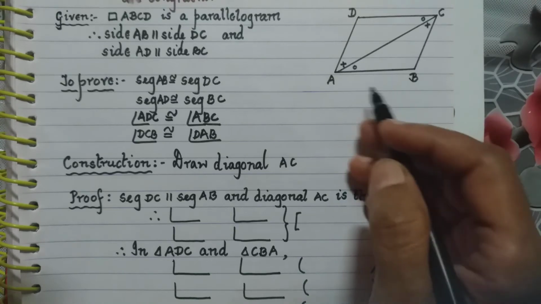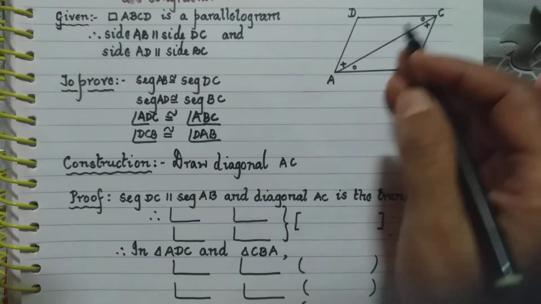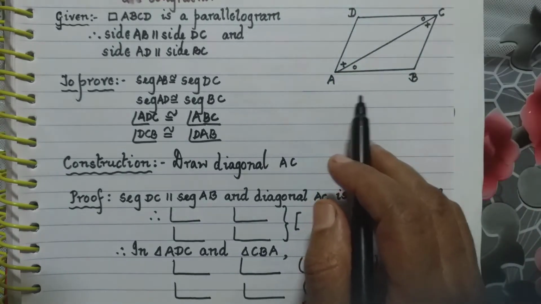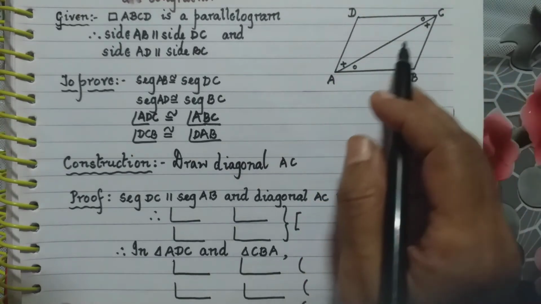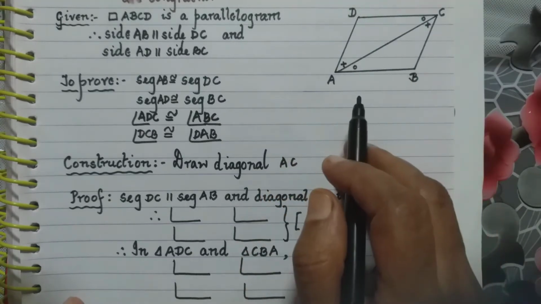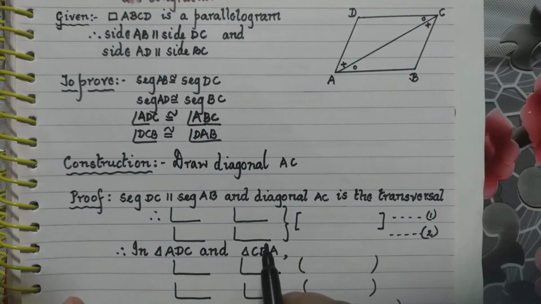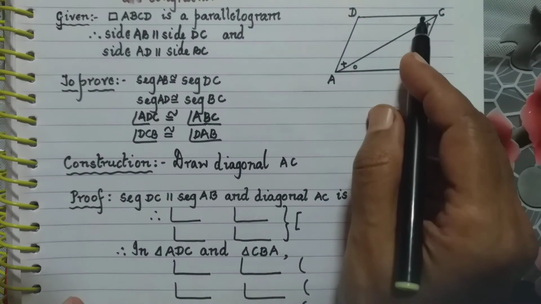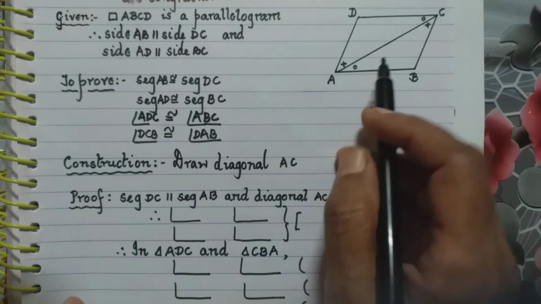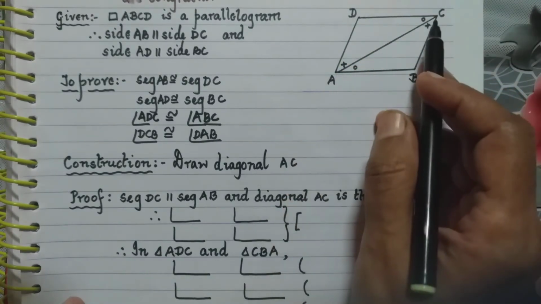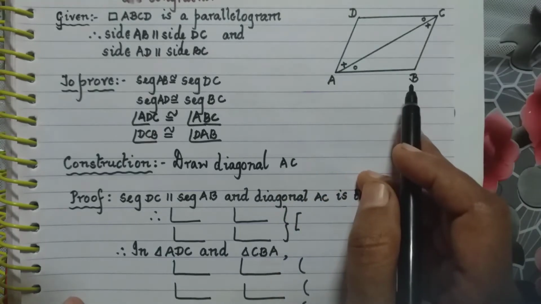segment AB and diagonal AC is the transversal. Now, if there is a pair of parallel lines and a transversal, we have two pairs of alternate angles formed. Which are the pair of alternate angles? You see here I have marked with the round: it will be angle DCA and angle CAB.